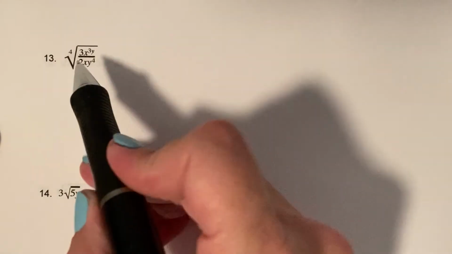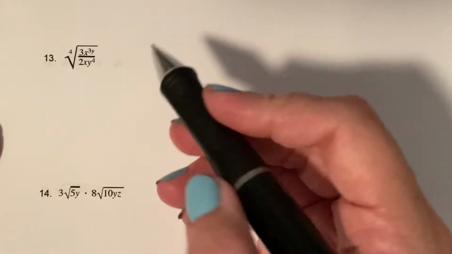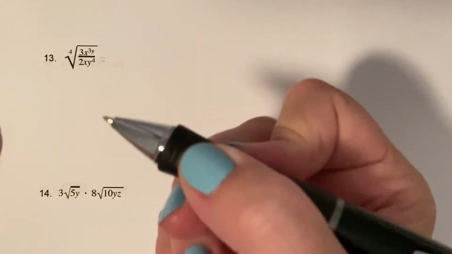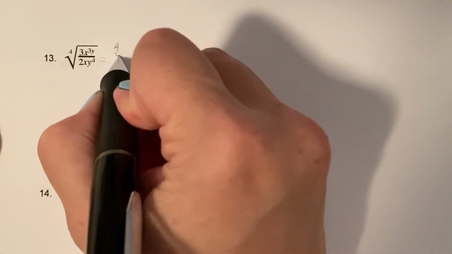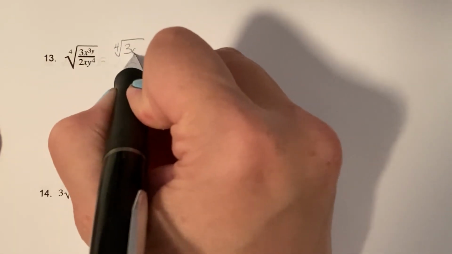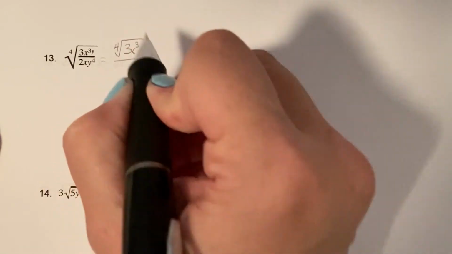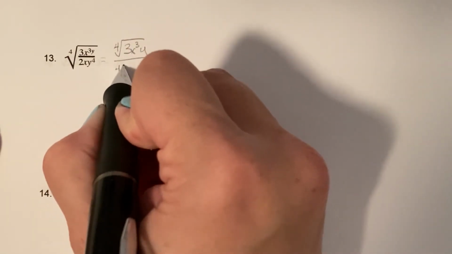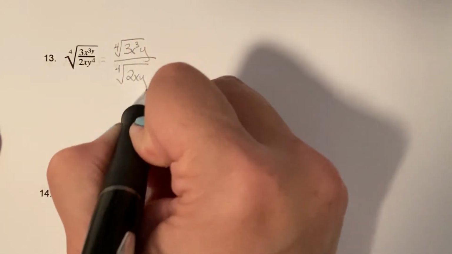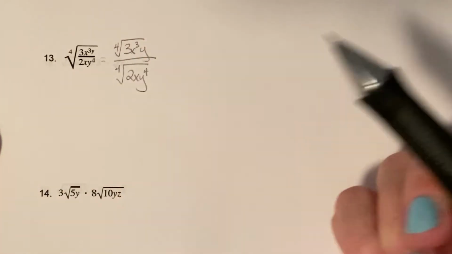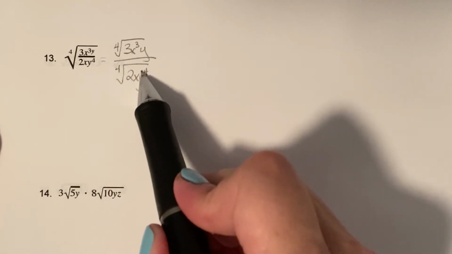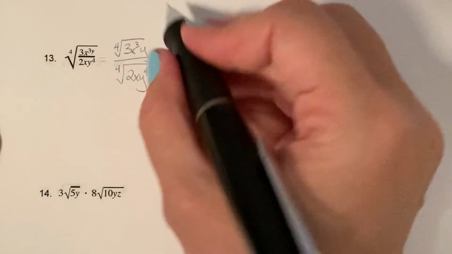Okay, now for reducing the 4th root with division. So again, separate it. Okay, so since we can't reduce anything right now, except possibly this y, yes, let's do that.